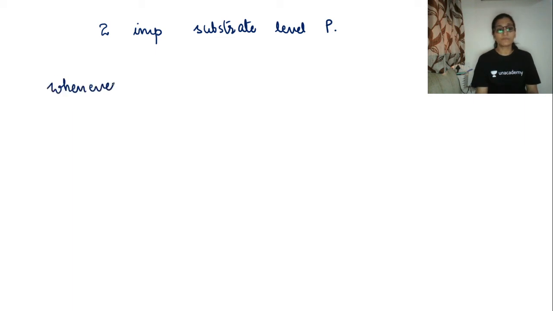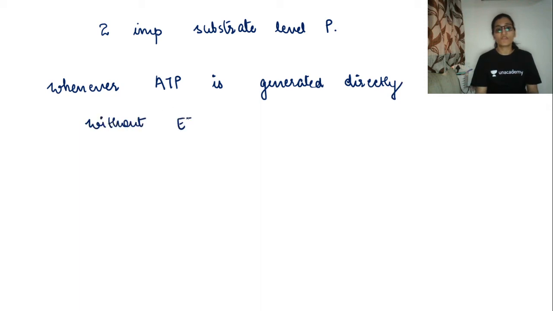Now talking about the 2 important substrate level phosphorylations. Whenever ATP is generated directly without the electron transport chain, it is called substrate level phosphorylation.